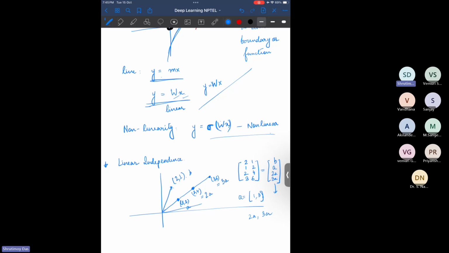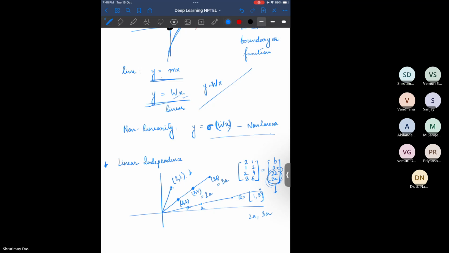So if this is my A, my 2A will be something like this and 3A will be something like this. These 2 points depend on what we have for A, right? That means these 2 points are not independent. They are linearly dependent on A, because changing A gives a different set of points for the last two, 2A and 3A.